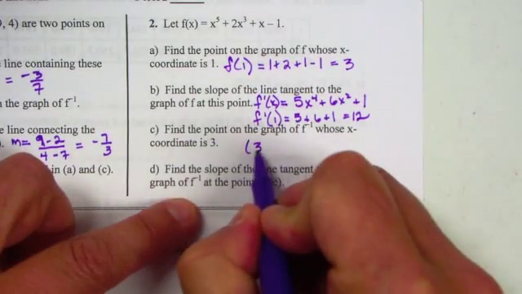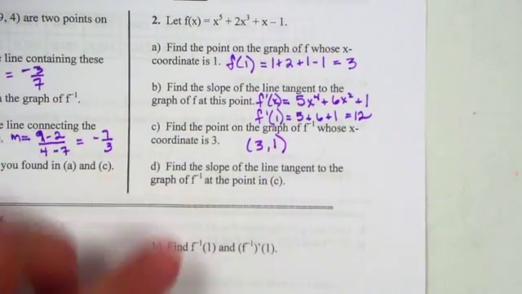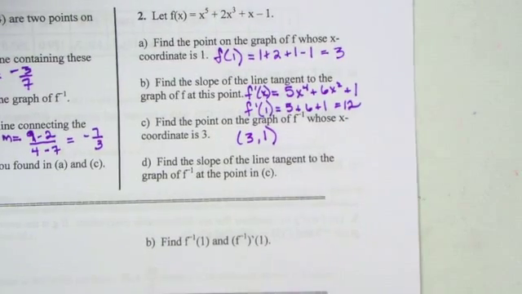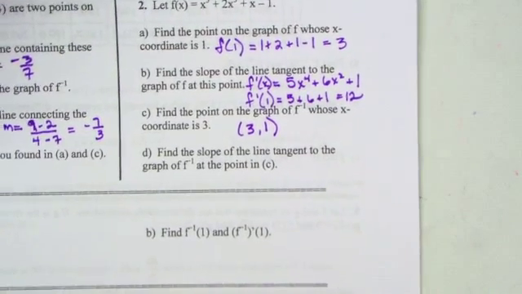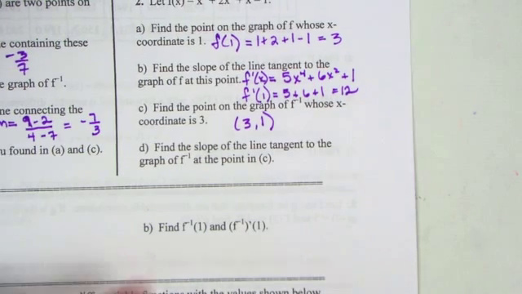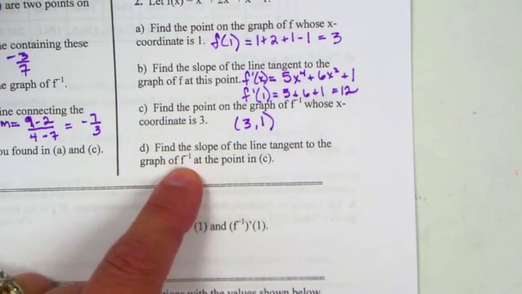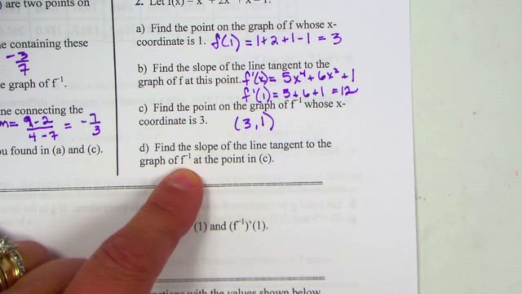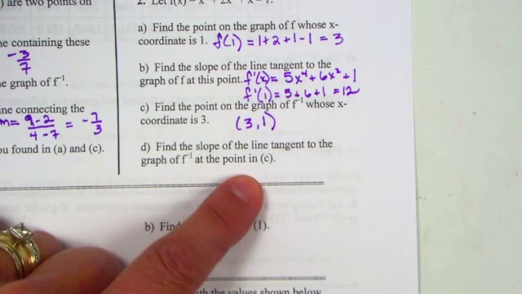So (3, 1). Find the slope of the line tangent to the graph of the inverse of f at the point in C. 1/12.